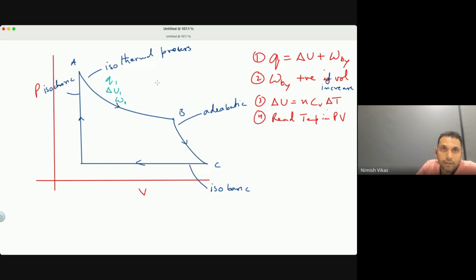You have to comment on the Q, delta U and W values for all the processes, whether they are positive or negative or 0. In front of them, you have to write positive, positive, positive, something like that.